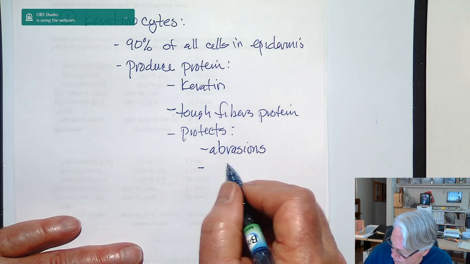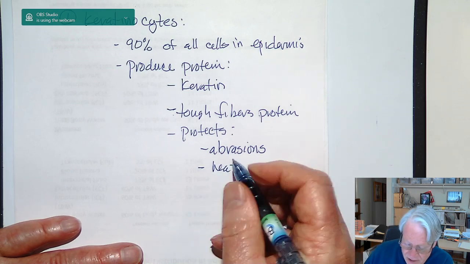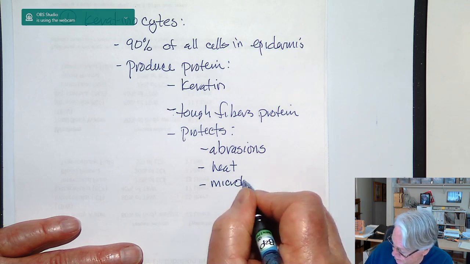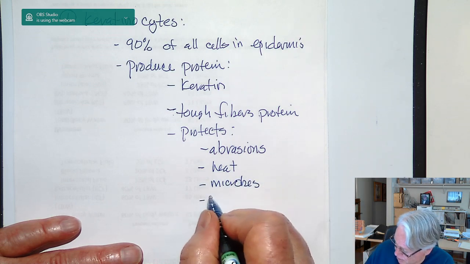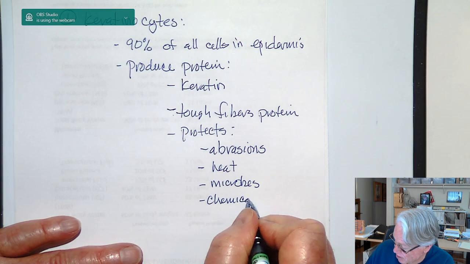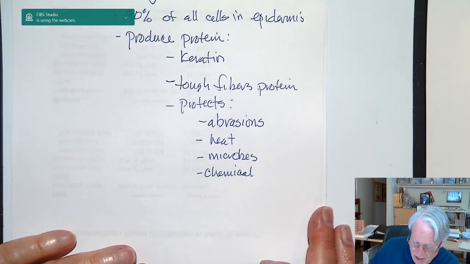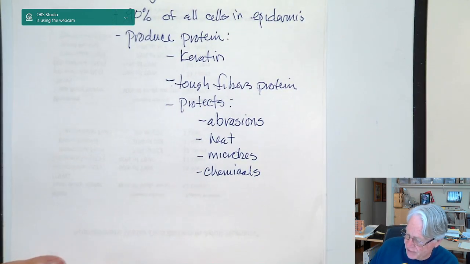So abrasions, heat, microbes, and chemicals. So it's kind of an all-purpose protein protecting us from many different types of injuries or problems that the skin might run into. So abrasions, heat, microbes, and chemicals. That's keratin.